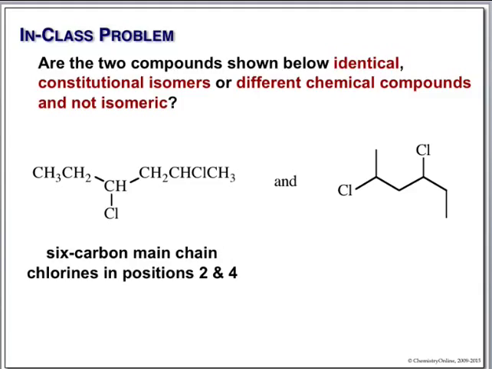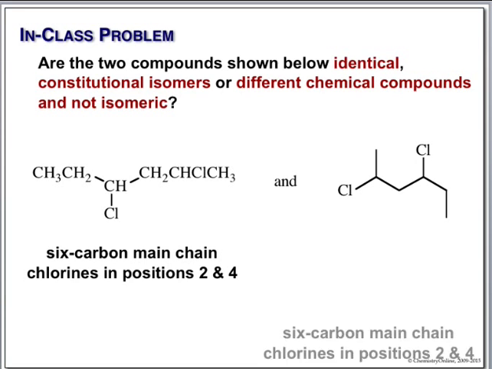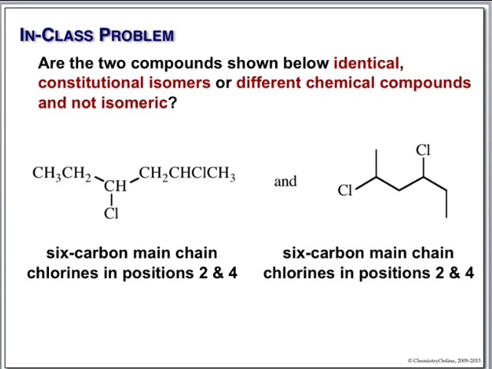Here we have a chlorine in carbon 2. We also have a chlorine in carbon 4, so this would be 1, 2, 3, 4. Same thing here. They both have the same number of carbons, the same number of hydrogens, and chlorines. These guys are the same molecule.